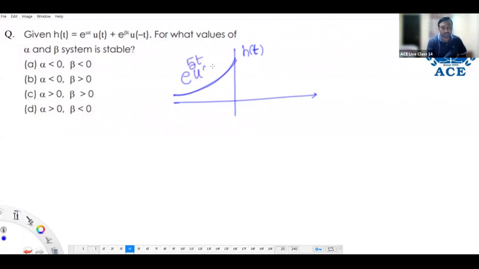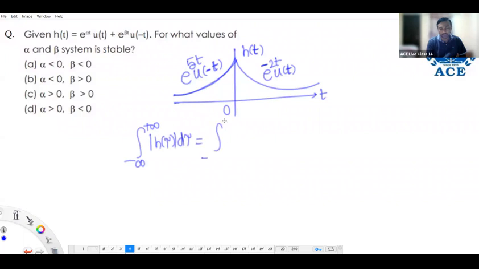For your understanding, I am choosing a specific number. Positive time, it should act like decaying. So integral mod h tau d tau is our requirement. Minus infinity to 0, I have assumed as e power 5 tau, whereas positive times are e power minus 2 tau. 1 by 5 plus 1 by 2.